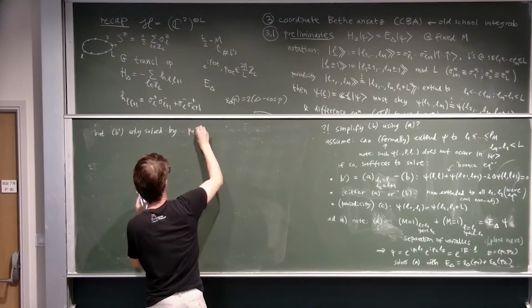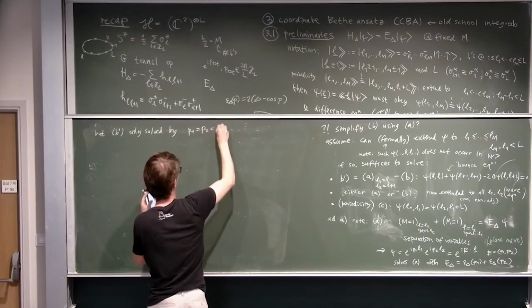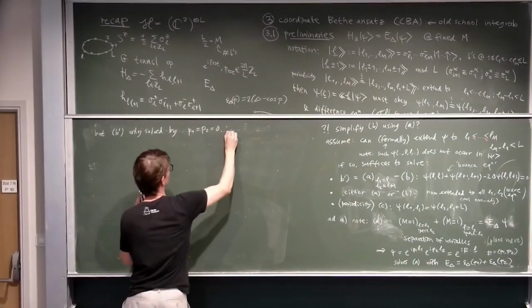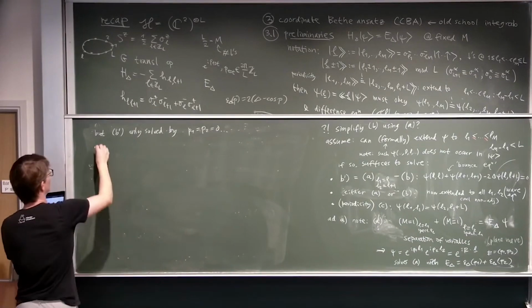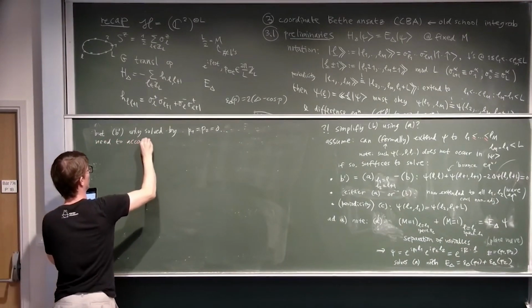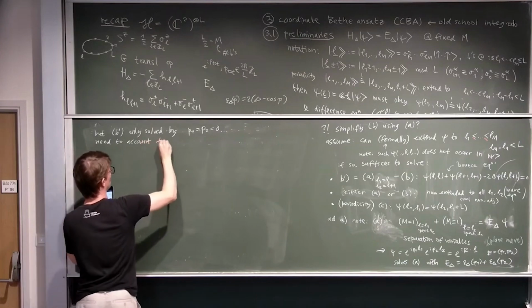So the only solution is the trivial solution where both of these p's are equal to 0. So this is not good. So we need to account for the interactions.